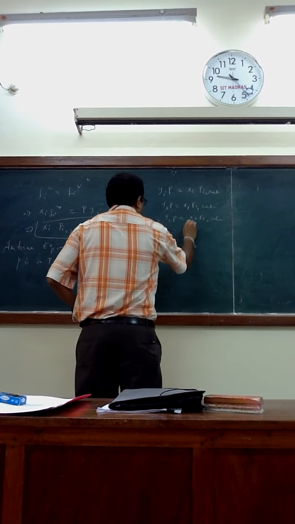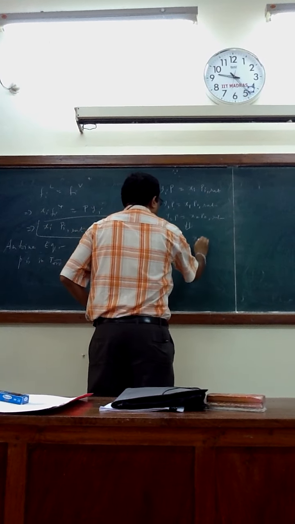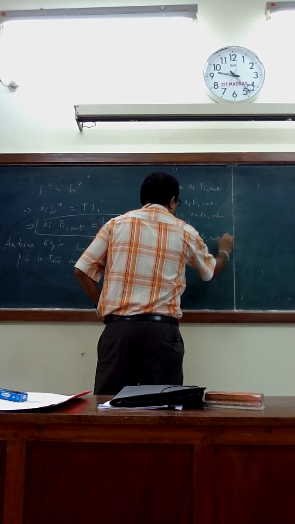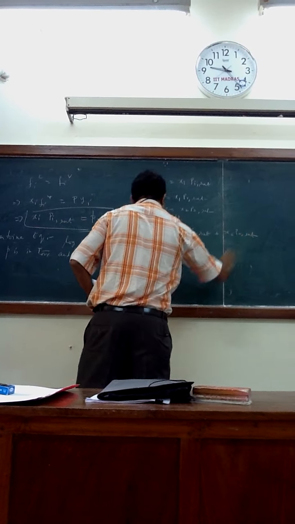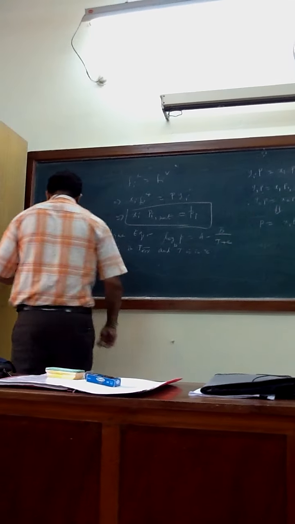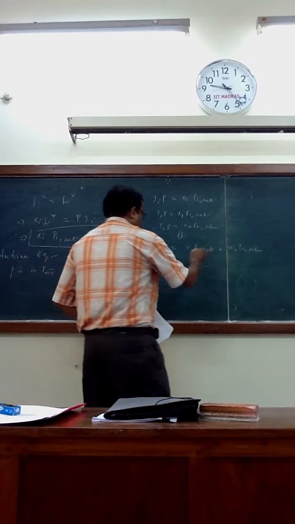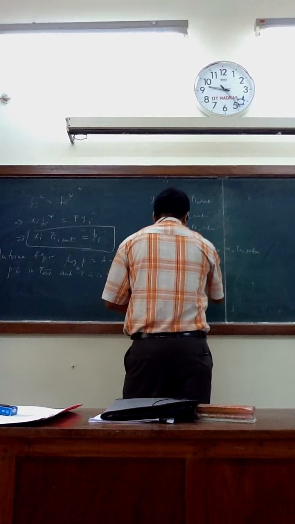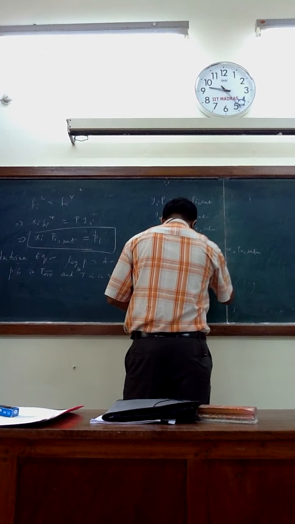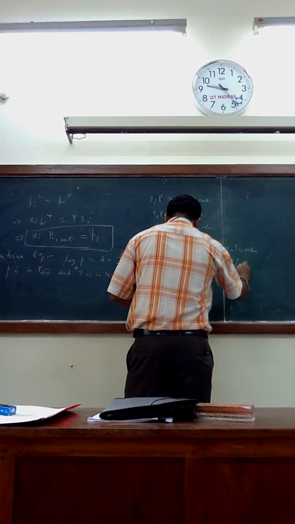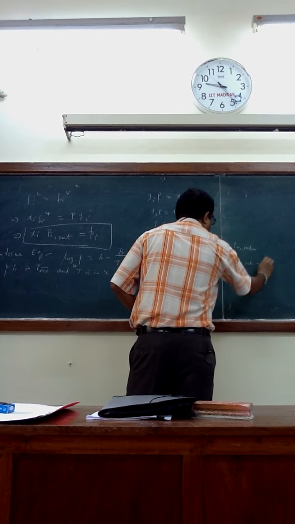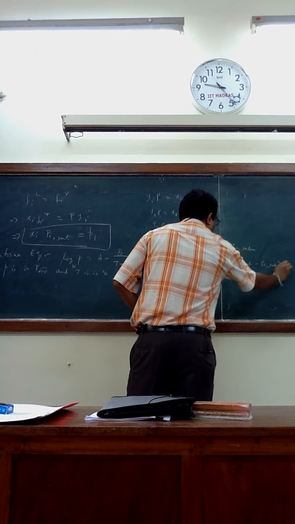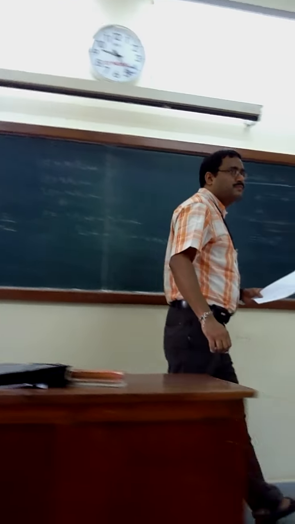If you add them up, you get P equals x1 P1 sat plus x2 P2 sat. And x1 plus x2 equals 1, so you can write P equals P2 sat plus (P1 sat minus P2 sat) x1. Am I correct? Yes.